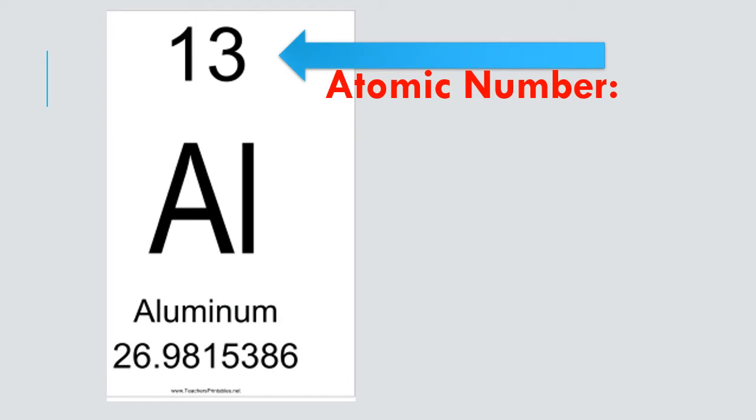So on the periodic table, you're going to be given tiles, and these have different numbers and symbols on them to help you understand exactly what's going on with your element, what its atomic structure looks like. So up here we have the atomic number, which represents the number of protons and electrons.